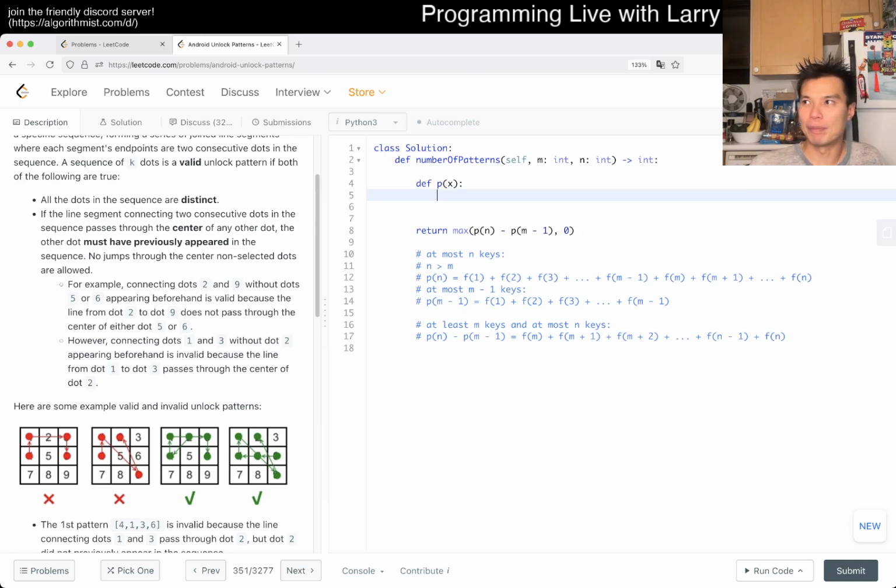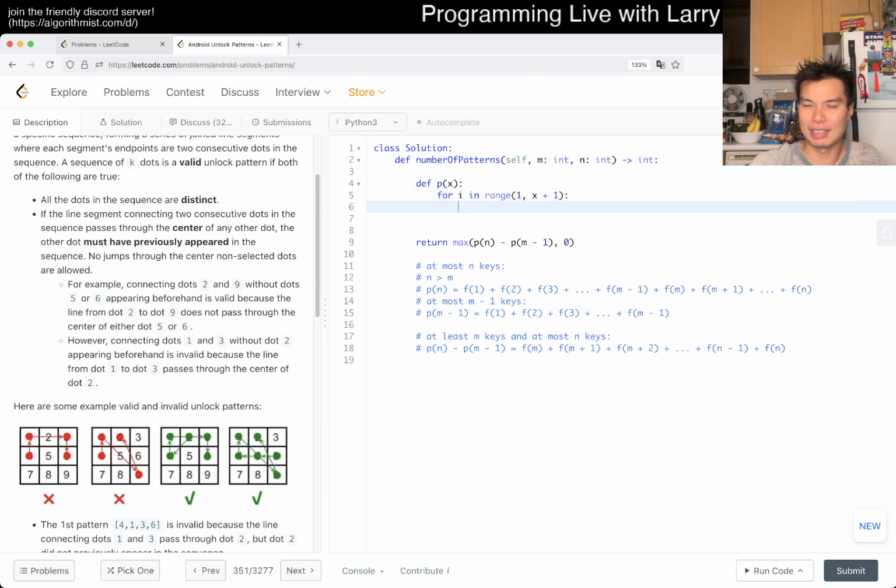So for example, maybe you could write something like for i in range from 1 to x plus 1, so that's x inclusive.